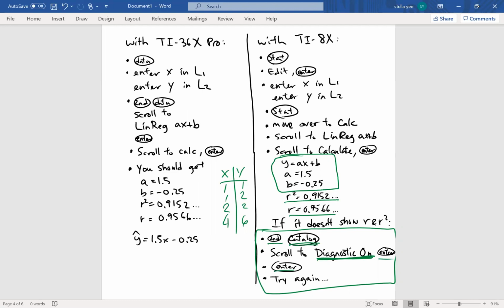You only have to do this once. When you compute linear regression in the future, it will also give you the R and R squared, as well as the formula for the regression line.